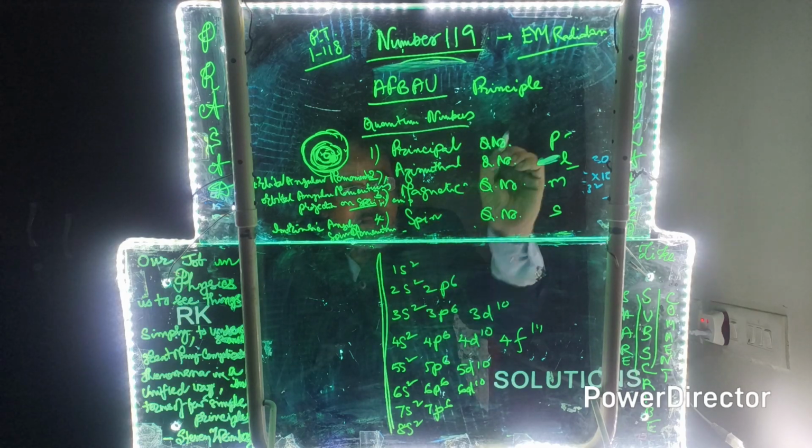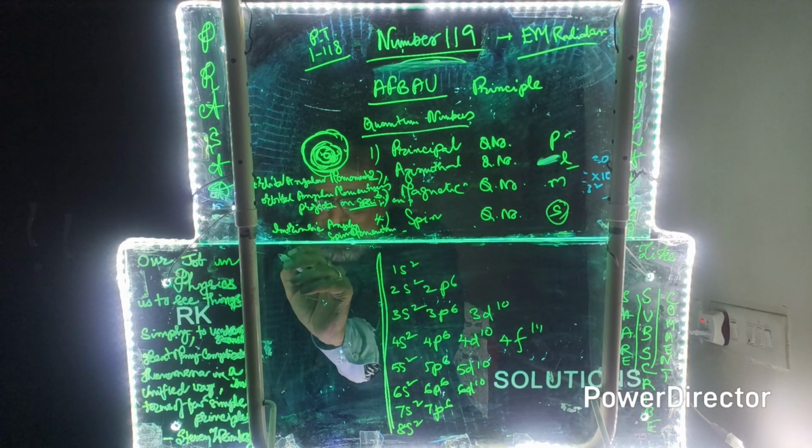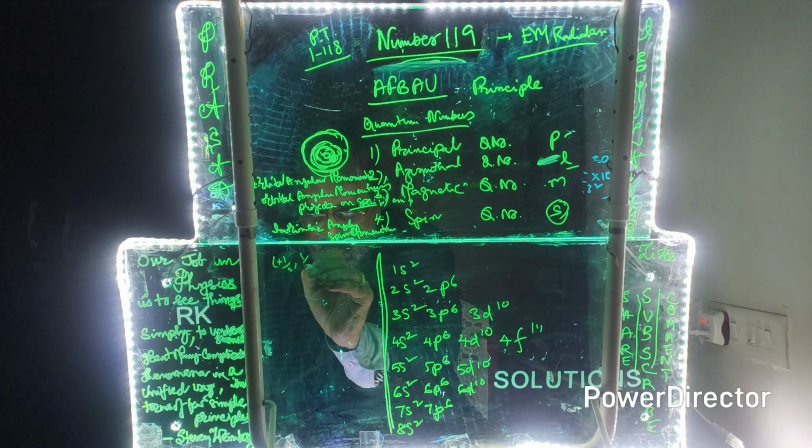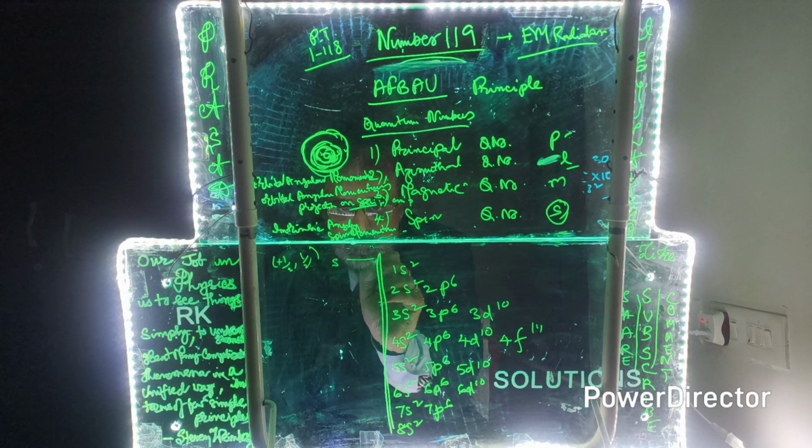So, this s spin can have values of plus half, minus half. So s will have only two. If this is up, this will be down.